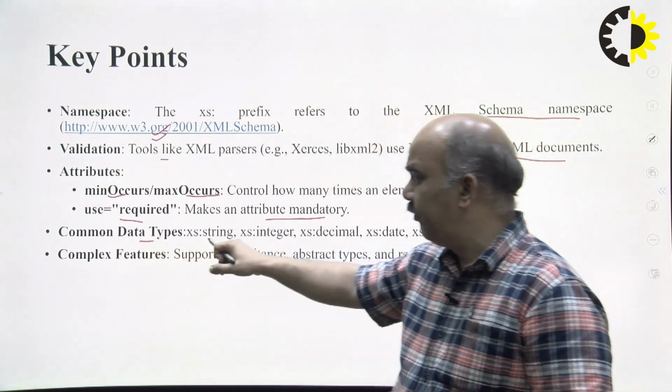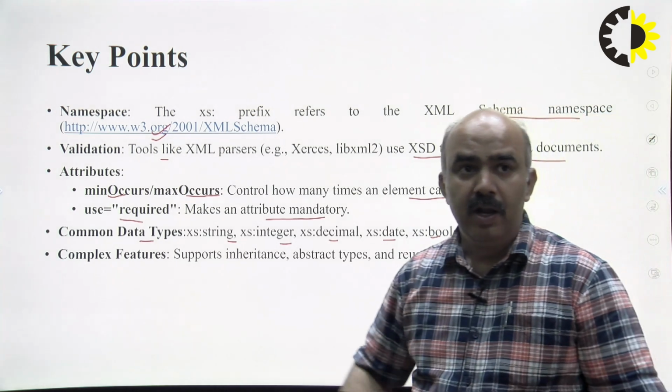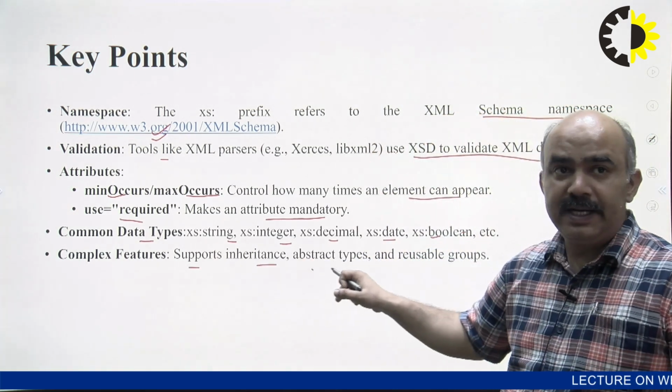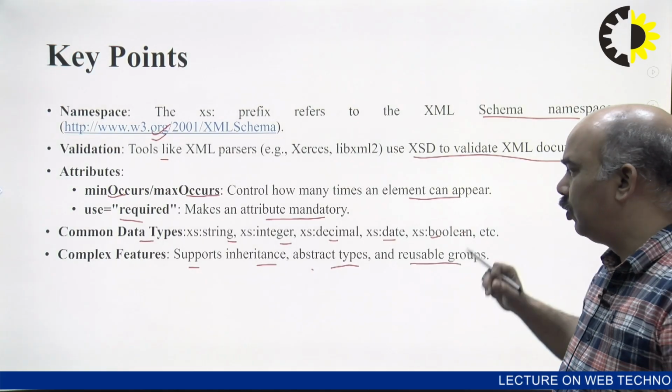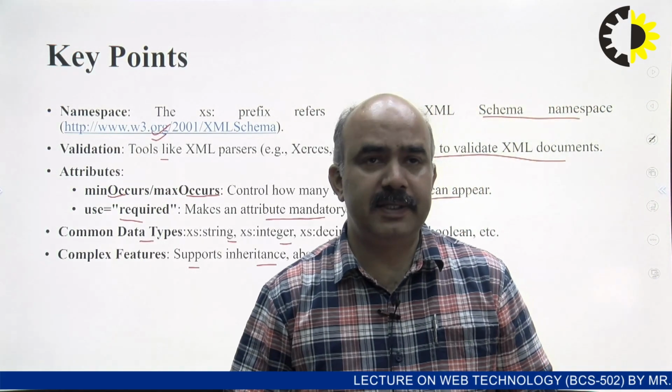Data types define string, integer, decimal, date, and boolean, etc. Complex features support inheritance, abstract types, and reusable groups. So these are key points with respect to XML schemas.